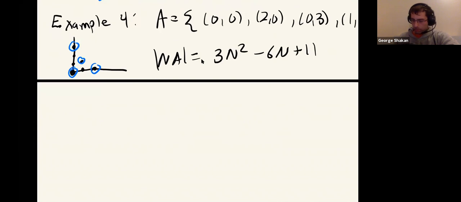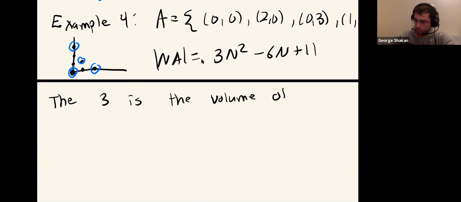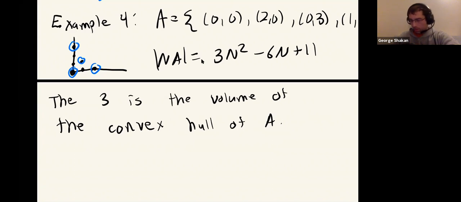The only thing I'll say about this is that this 3 is the volume of the convex hull of A. The convex hull of A is a triangle of base 2 and height 3. This is what happens in general as well, so just worth noting.